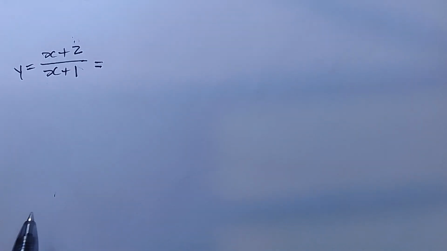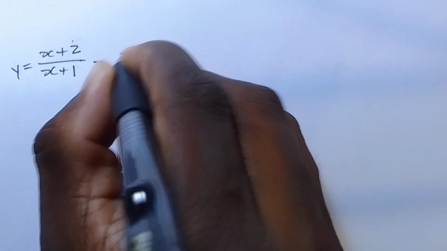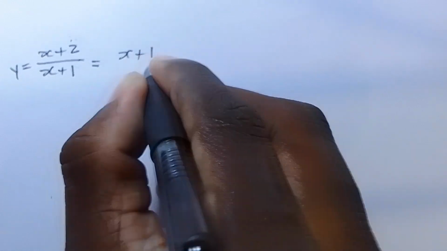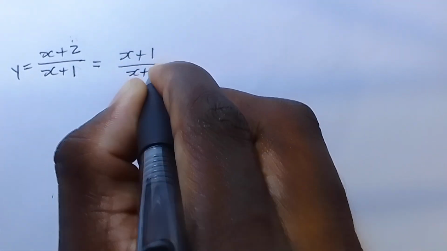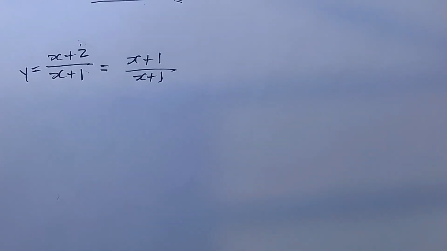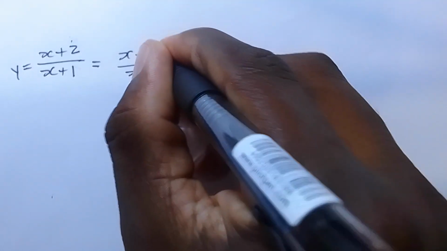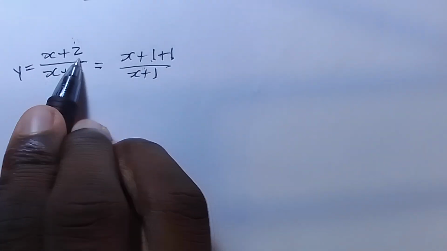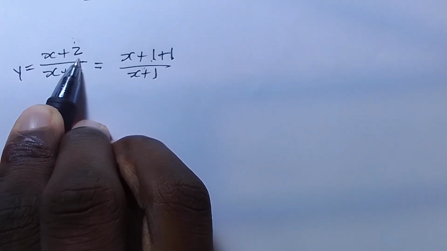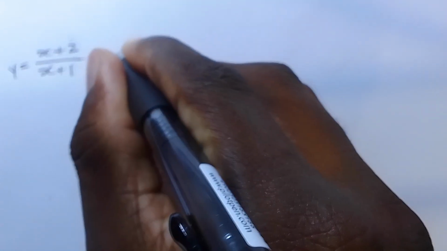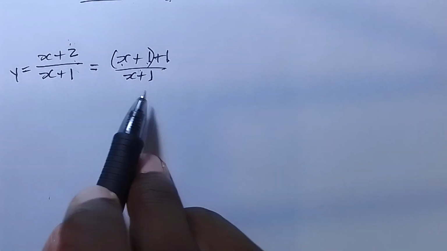So how can we have x plus 1 in the numerator? So if we had x plus 1 in the numerator and x plus 1 in the denominator, what would we have to do so that this would be the same as this? You'd have to add another one here so that if these ones add, you get the 2 you already had there. Yeah? Now I'll put brackets here so that you can see that I want it to look the same as this.